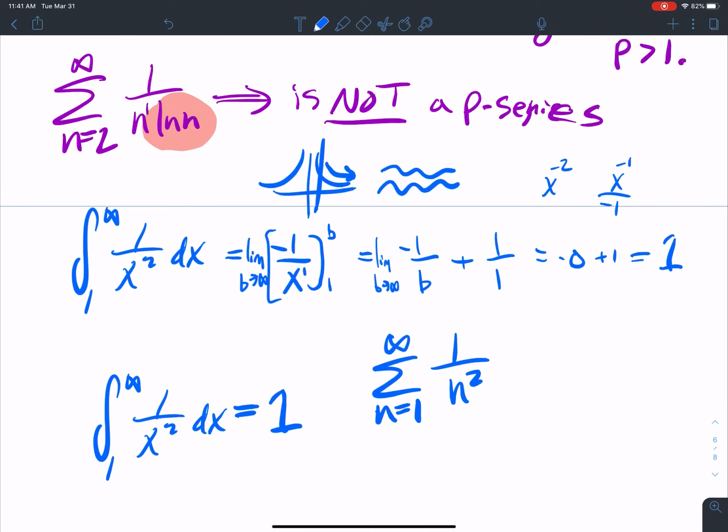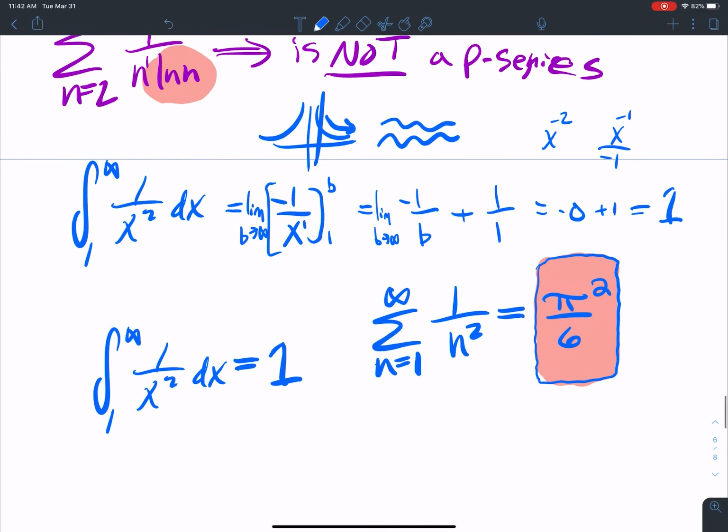But if I added up the sum from 1 to infinity of 1 over n squared, which is a pretty cool trick, there are very few sums we actually know the exact answer to. But this is one that we do know the exact answer to, and I'm not sure if we're going to talk in this class about how to find it. But this is something that you would find in a more advanced calculus setting, either your junior or senior year, depending on when you take this.